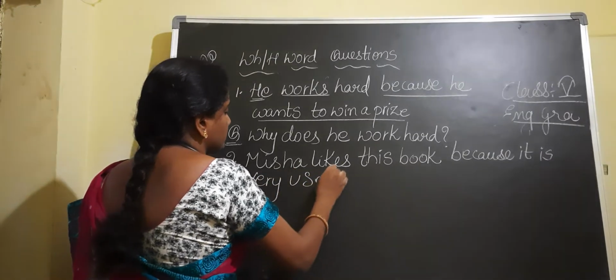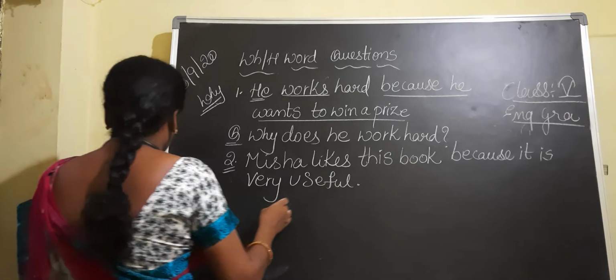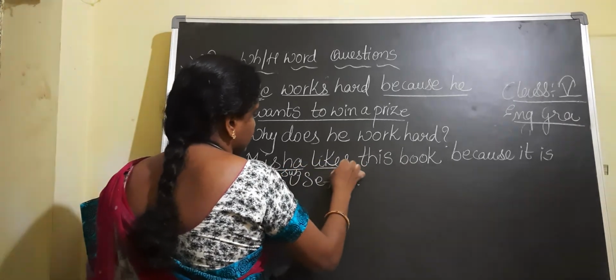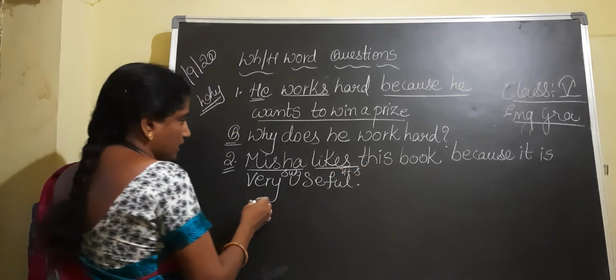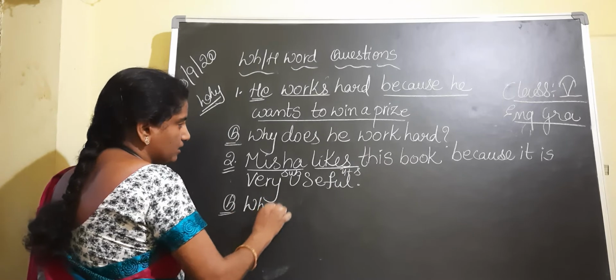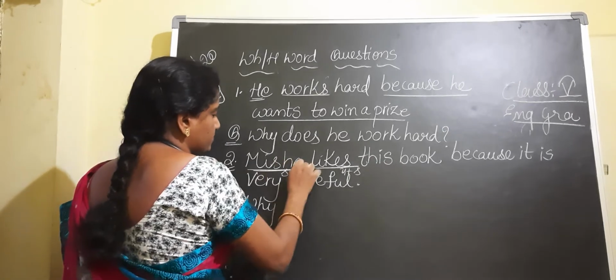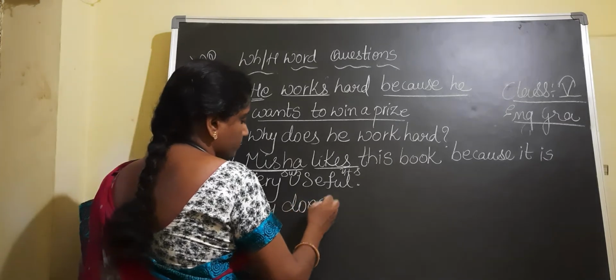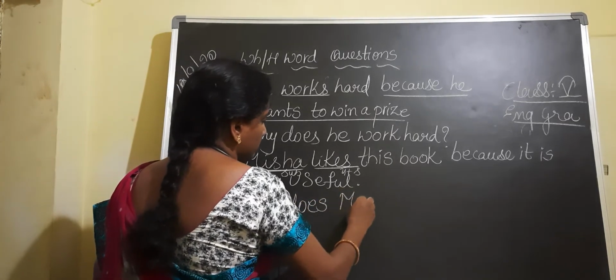Now if you see the statement given to you, children, Misha is the subject, nana, and likes is V1 with s. Now coming to our question form, nana, why? Here a singular subject, does.